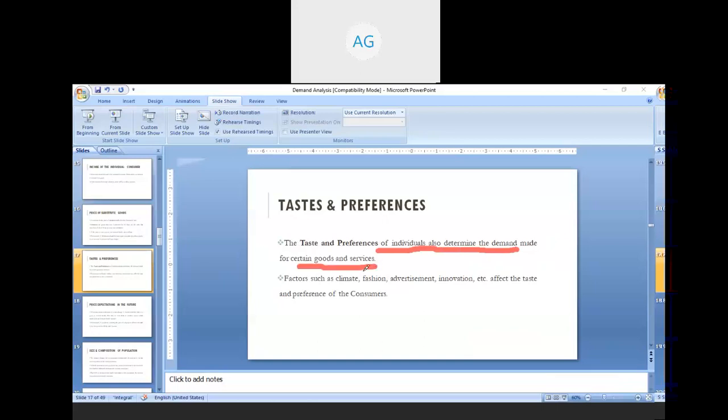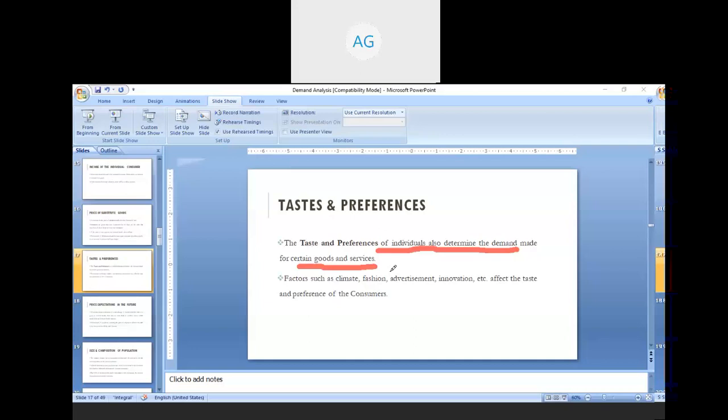As you know, some years back there was a ban on a product named Maggie. Maggie covered almost 70% of the market at that time. Then when the ban was imposed on the Maggie product, the demand of substitute products increased.